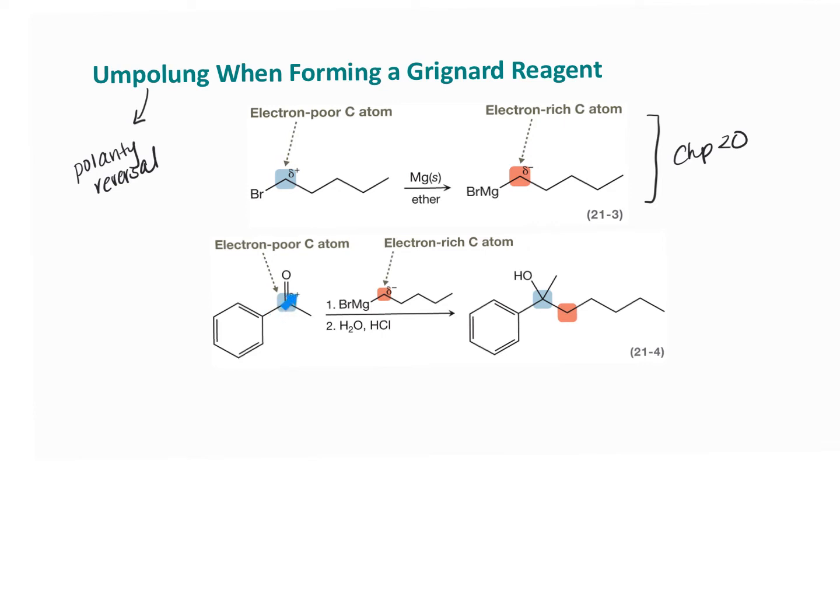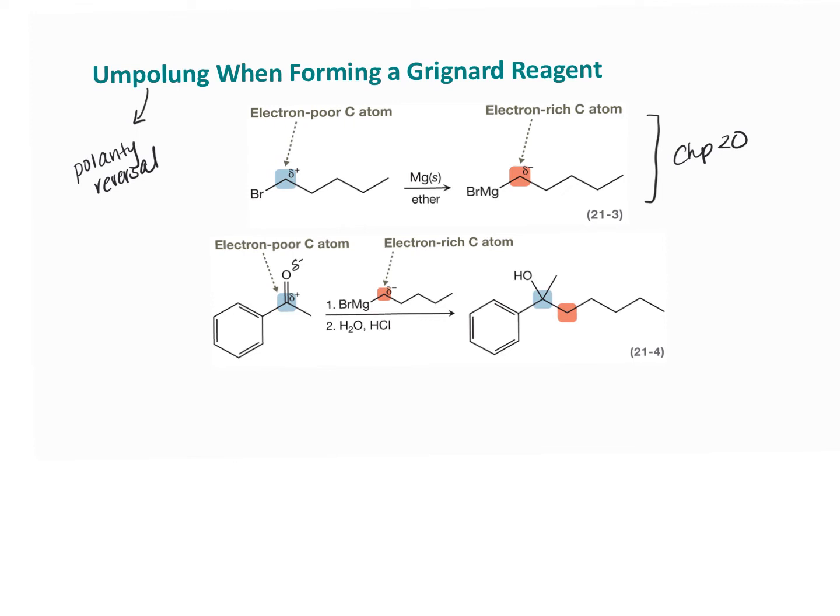And remember, this is partially positive because this oxygen is electronegative, and so it withdraws electron density. That's why we see an attraction there. And so we can see the new carbon-carbon bond formed from this electron-rich carbon atom and the electron-poor carbon atom.